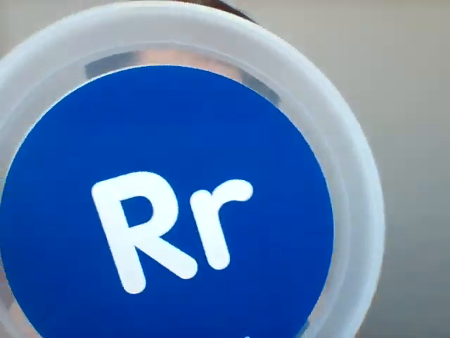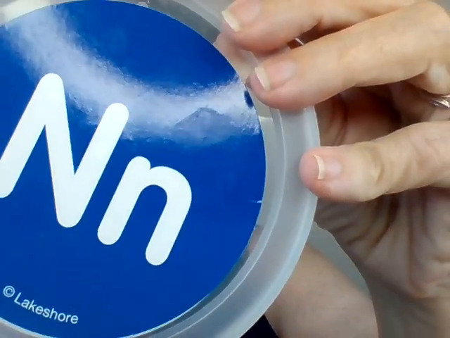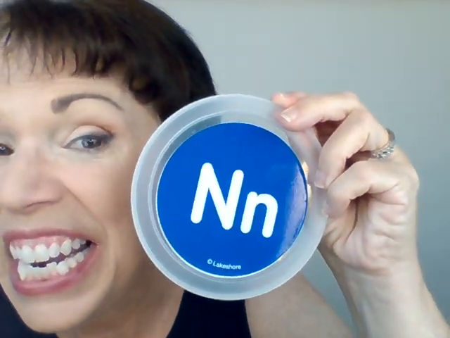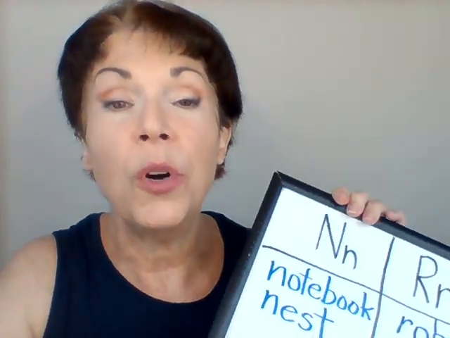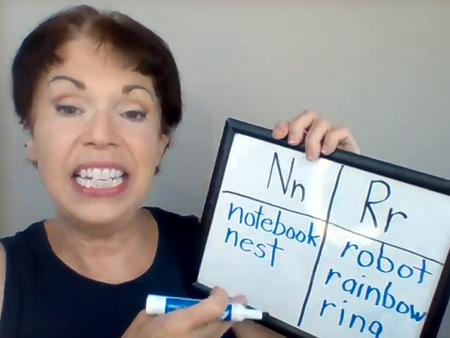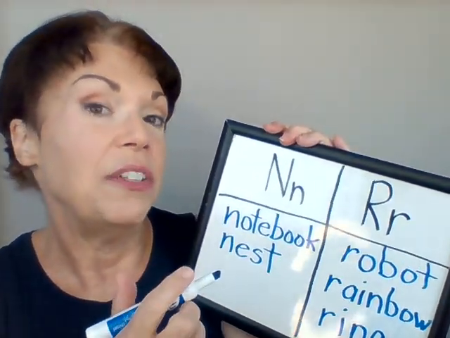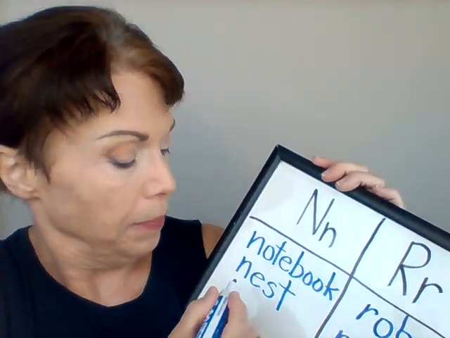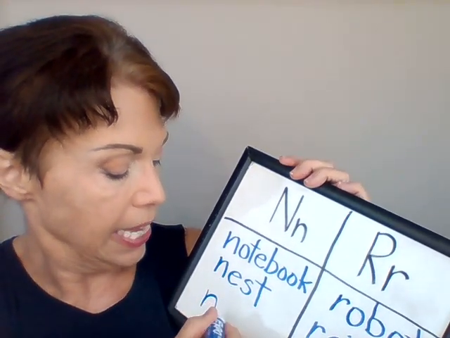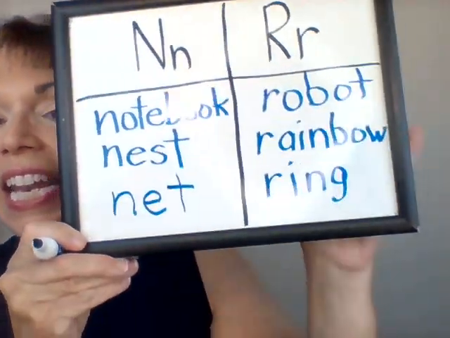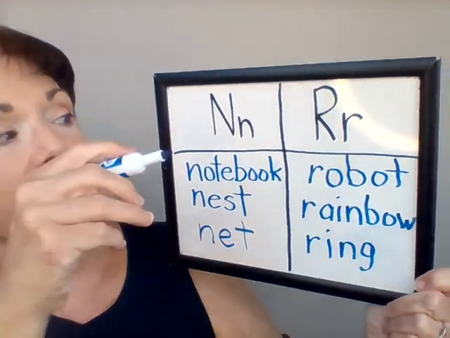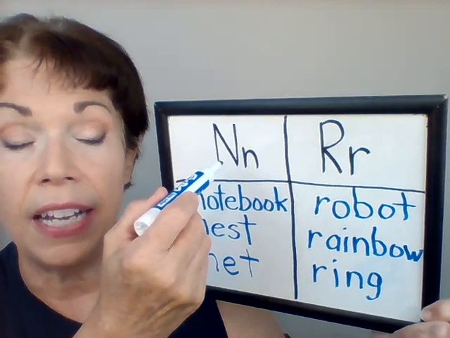Is it N or R? If you said N, you're right. Net begins with the letter N sound. Let's write that word net on the inside of my graph. Ready? Spell it with me. N-E-T. Net.